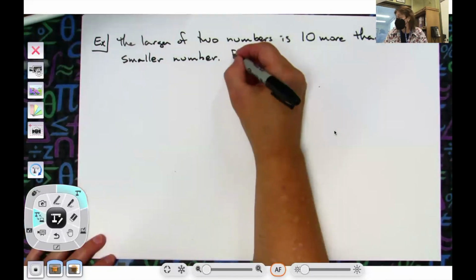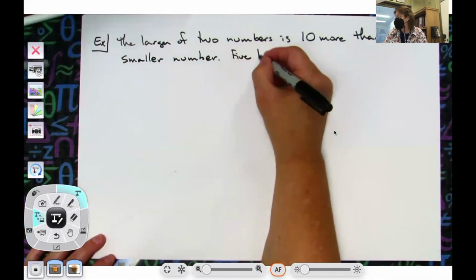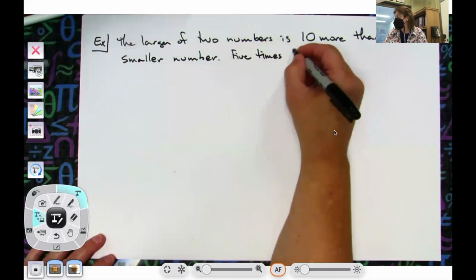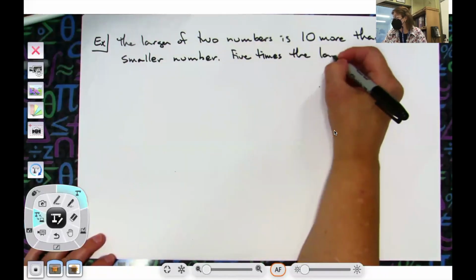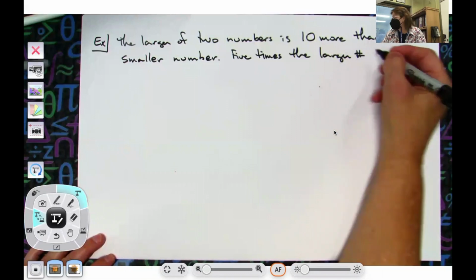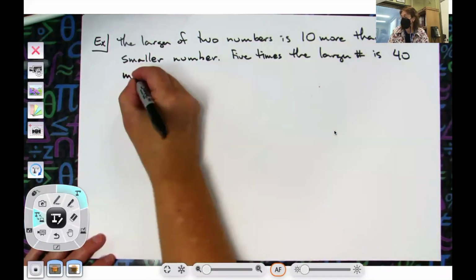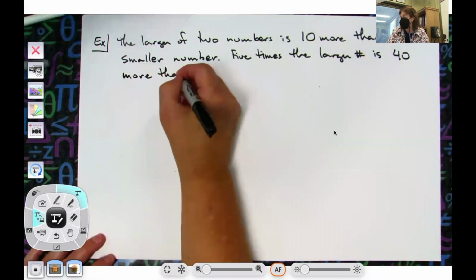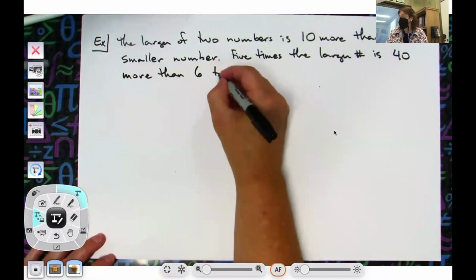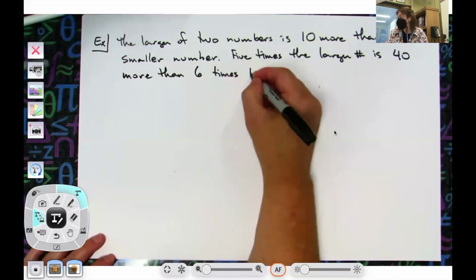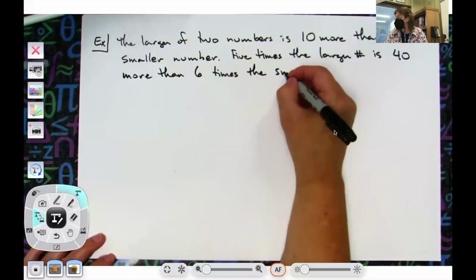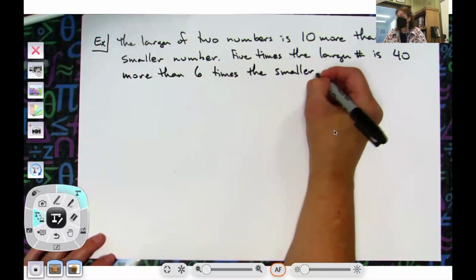Okay, 5 times the larger number is 40 more than 6 times the smaller. Find the numbers.